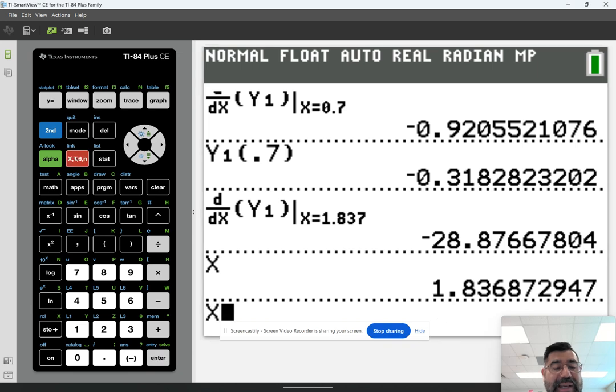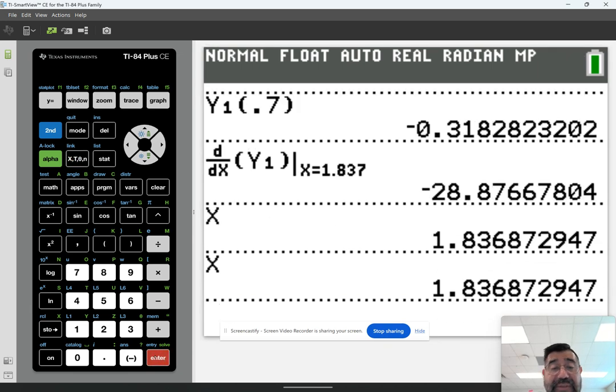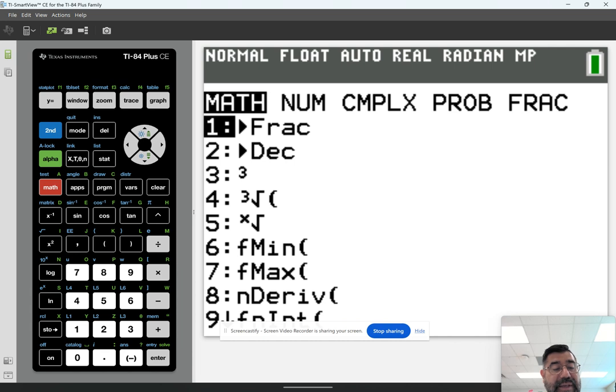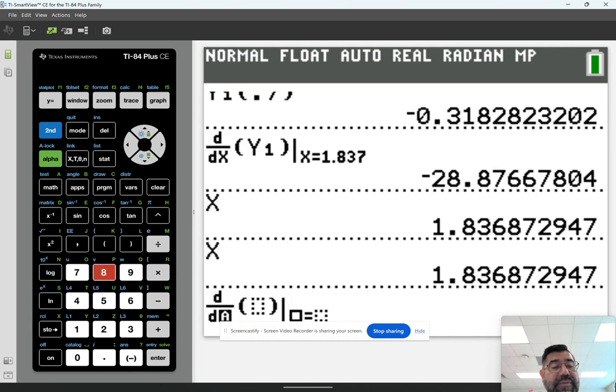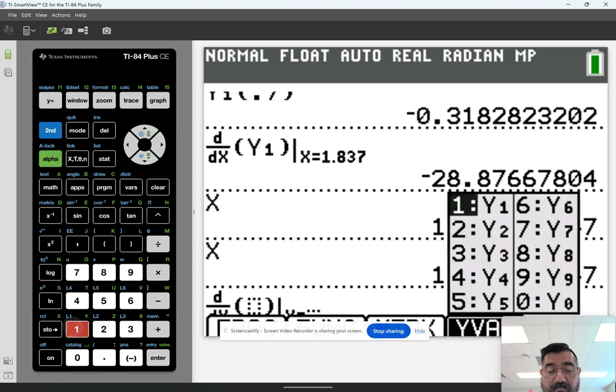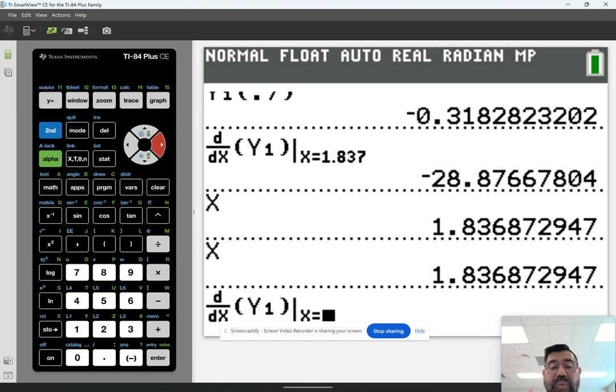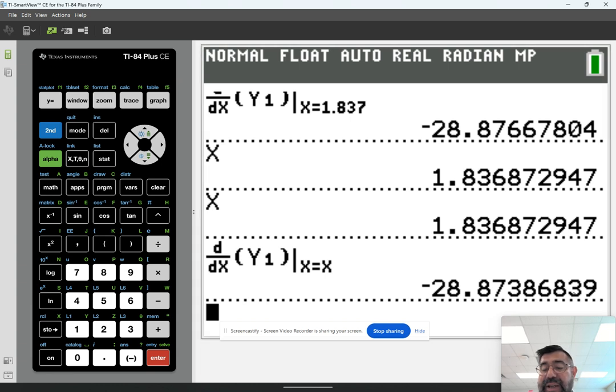So we could have done math 8 with the derivative with respect to X of the equation in y1, but instead of typing 1.837, since the calculator remembers the full value, I can just put X, press enter, and here is a more accurate answer. Notice that it's off from the one I wrote down.